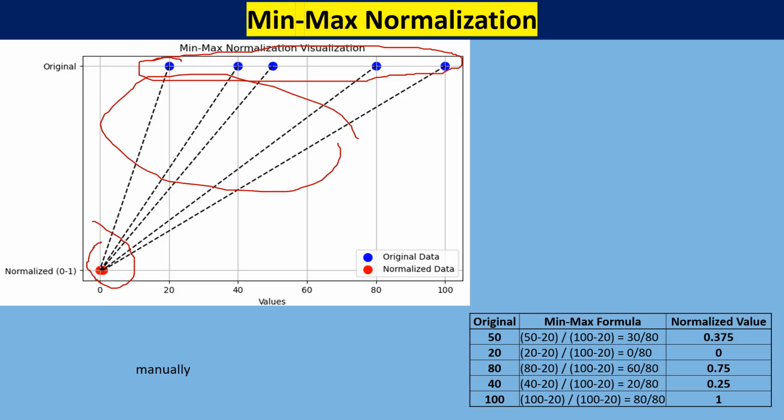The transformation ensures the minimum value, 20, is mapped to 0 and the maximum value, 100, is mapped to 1. Min-max normalization is particularly useful in machine learning models, especially for neural networks where input values should be in a fixed range. And those are the manual results.